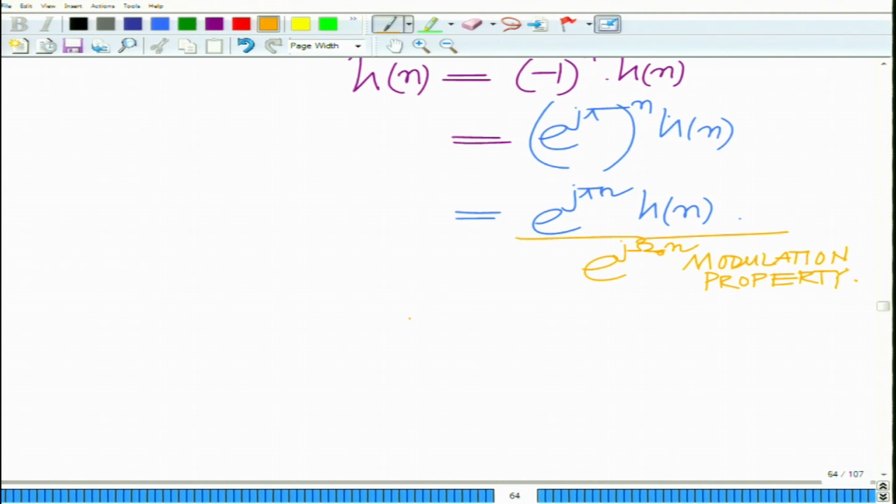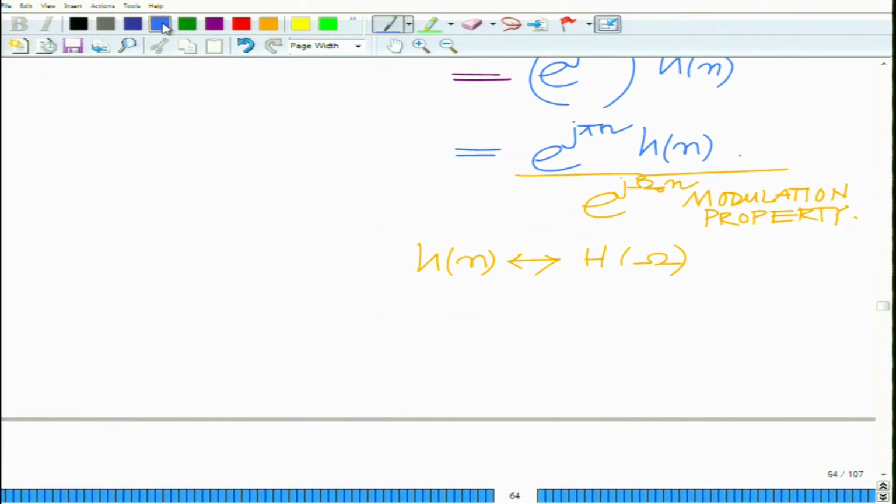Okay, so, the modulation property states that, you can recall, if h[n] has DTFT H of omega, then e raised to j omega naught n times h[n] has DTFT H of omega minus omega naught. This is your modulation property. Okay.